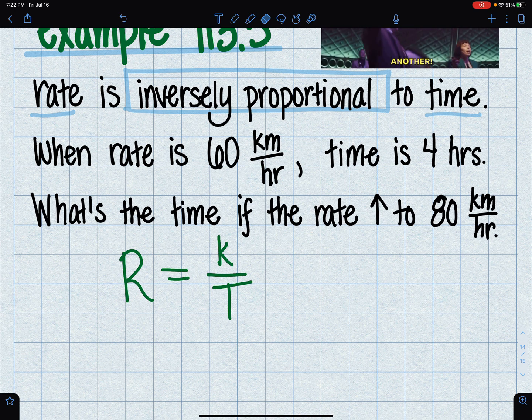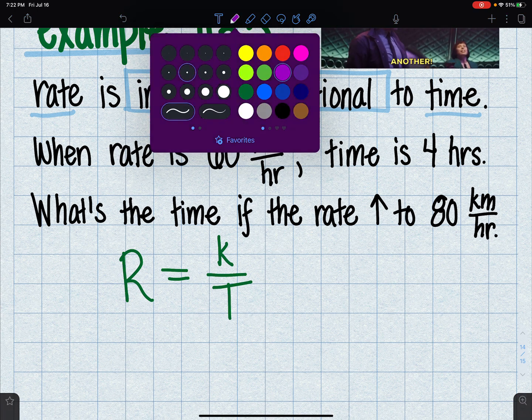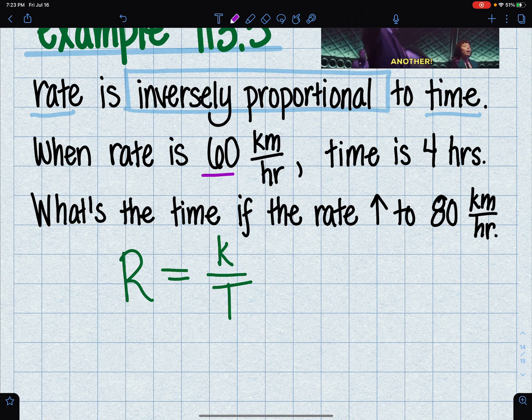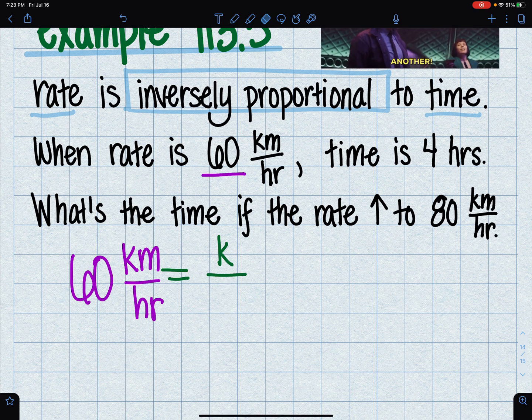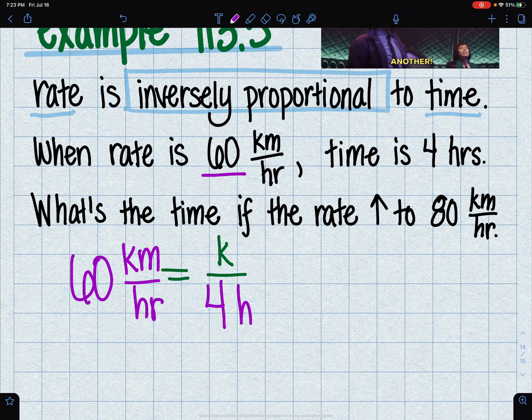Now they're going to give you some information to figure out what K is. So when the rate is 60 kilometers per hour, I'm going to put rate is 60 kilometers per hour. Time is 4 hours. You can see how they might mess you up there. Instead of 4 hours, what if they gave you the number of minutes? Then you would have to do a conversion and make sure that your units are consistent.